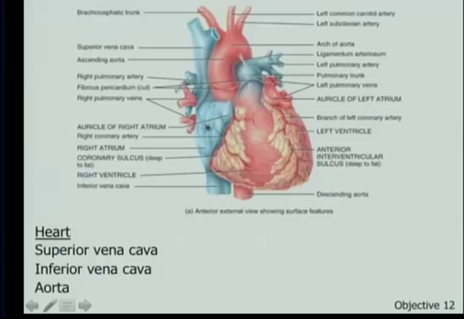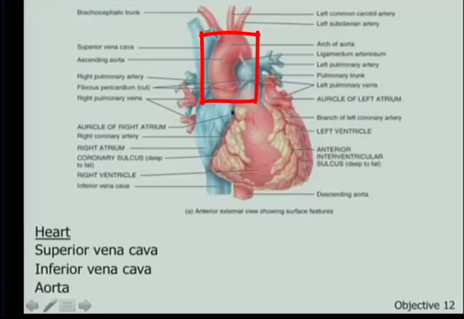This would be the right atrium, the left atrium would be over here, and then the bottom two chambers would be the ventricles. Now, the division between those we can't see because it's not cut open, but we'd have the left ventricle over here, and we'd have the right ventricle over here. So we'd have superior vena cava, inferior vena cava, and then coming off the left side, delivering that oxygenated blood to your body, is the aorta.